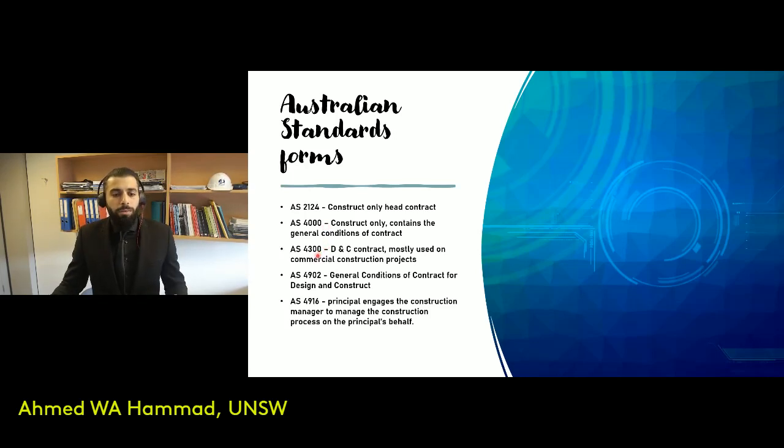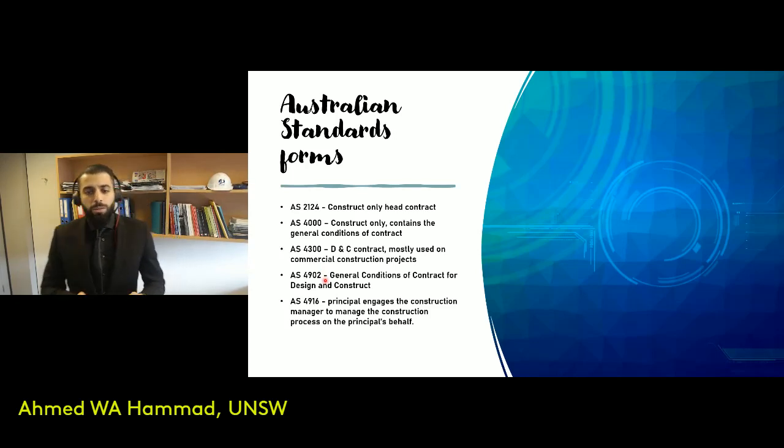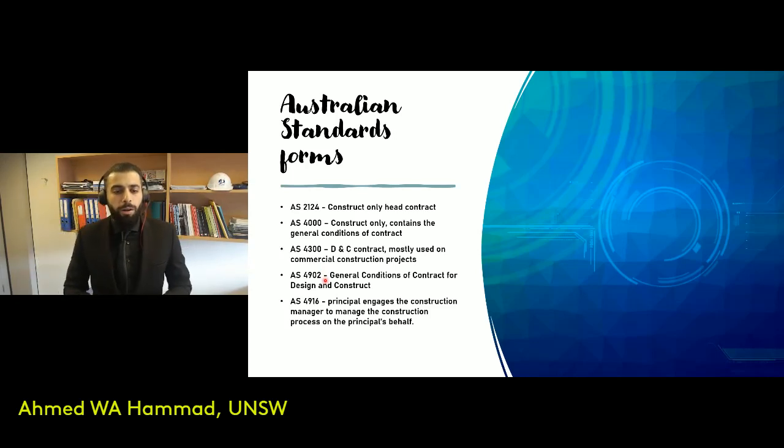Then there are contracts that are specifically targeted towards design and construct, so AS4300. It's mostly used on commercial construction projects. We also have AS4902. Again, it has the general conditions for design and construct projects.